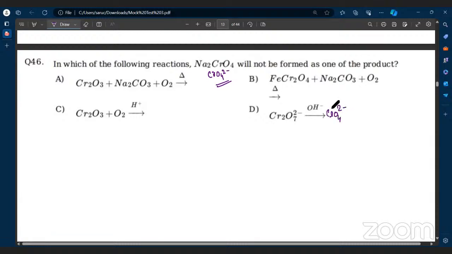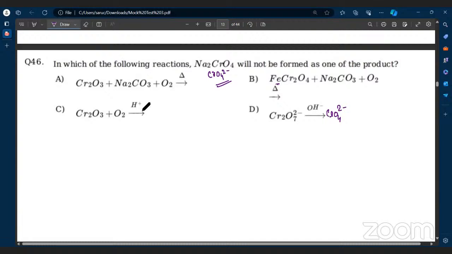Now here, in FeCr2O4 plus Na2CO3, what happens is that Fe will take up the carbonate and move as a carbonate.